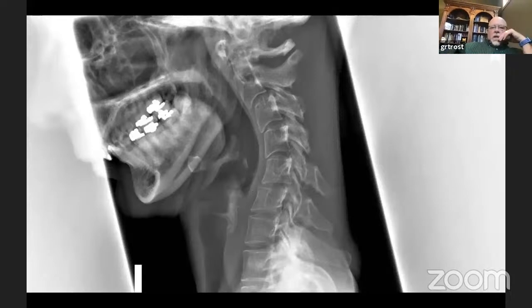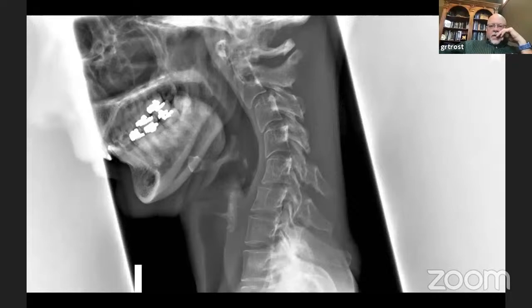This is her plain film, and you can see that she's had a C2 through the top of C5 laminectomy done with pretty good preservation of her facets. She then had a repeat MRI, which showed her AVM was completely resected.